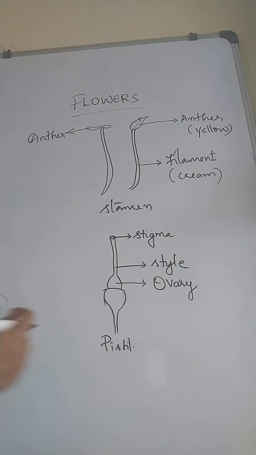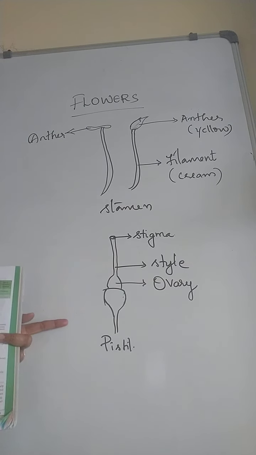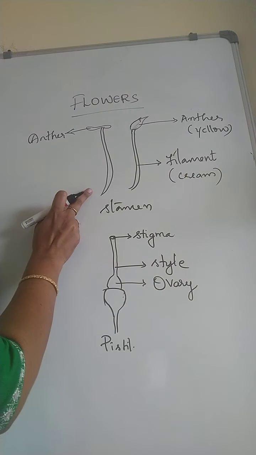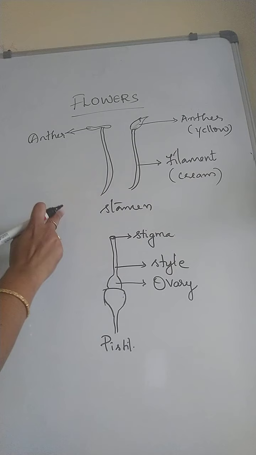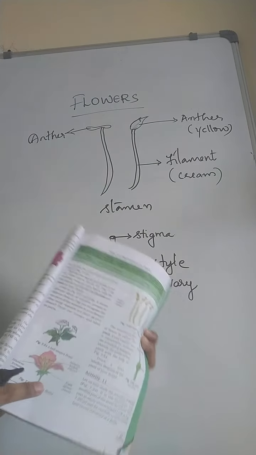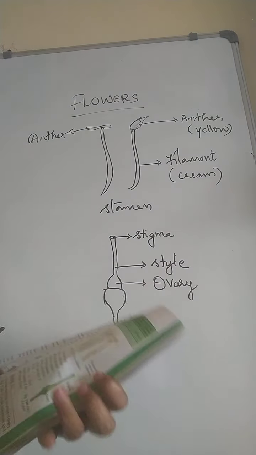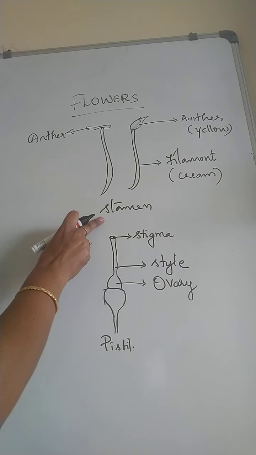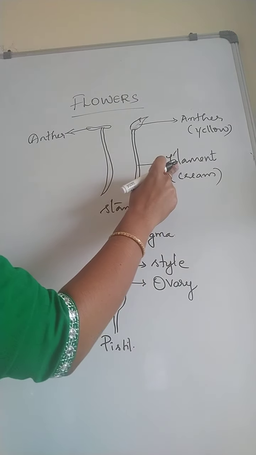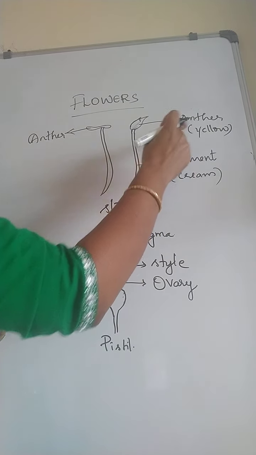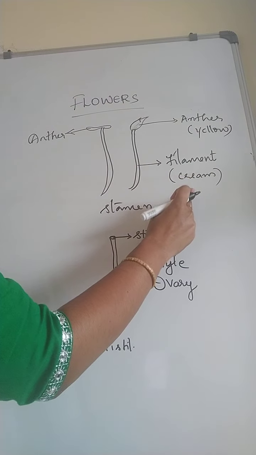So you want to learn to draw the structure of the pistil, and the structure of the stamen, and you want to know how to draw the structure of the flower. Okay, so the parts of the stamen are anther and filament. Anther is yellow and filament is cream.